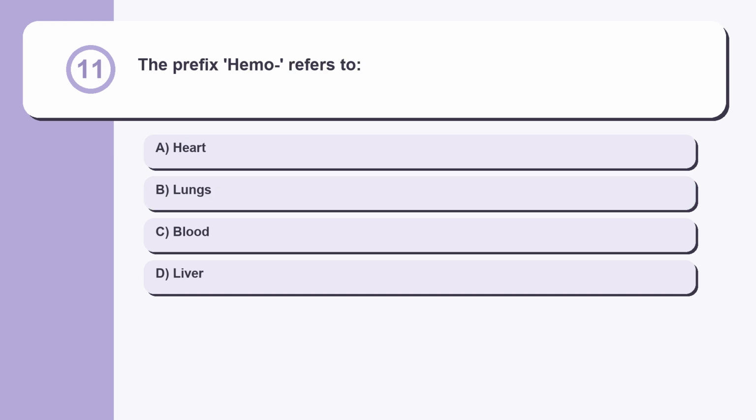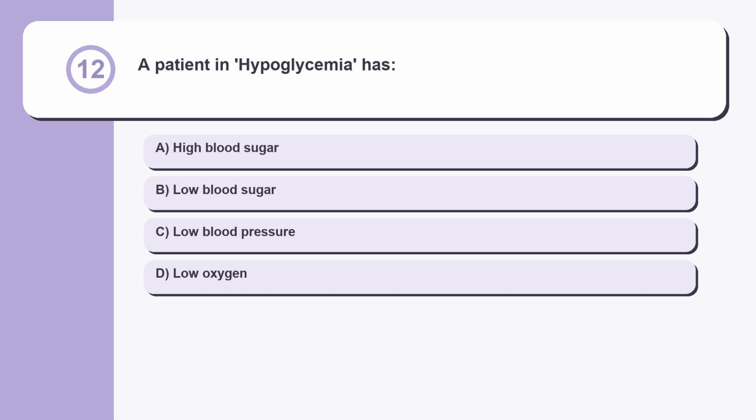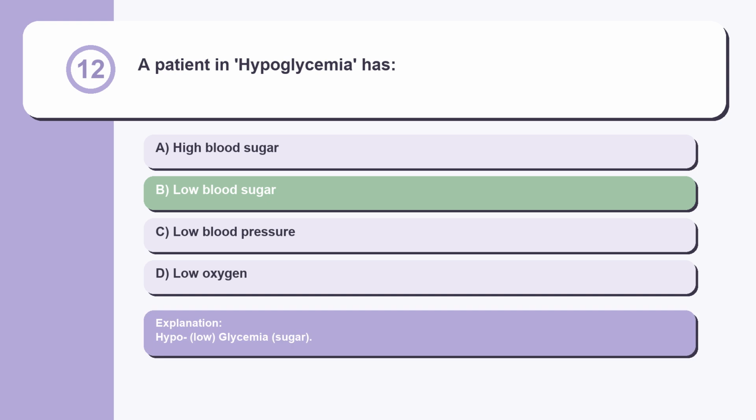The prefix hema- refers to: heart, lungs, blood, liver. Hema means blood. Question 12. A patient in hypoglycemia has: high blood sugar, low blood pressure, low oxygen. Hypo: low. Glycemia: sugar.